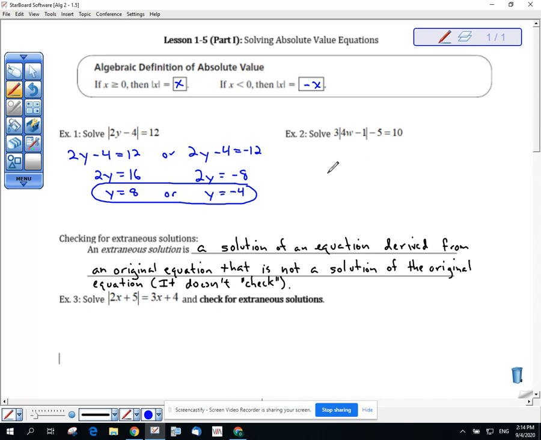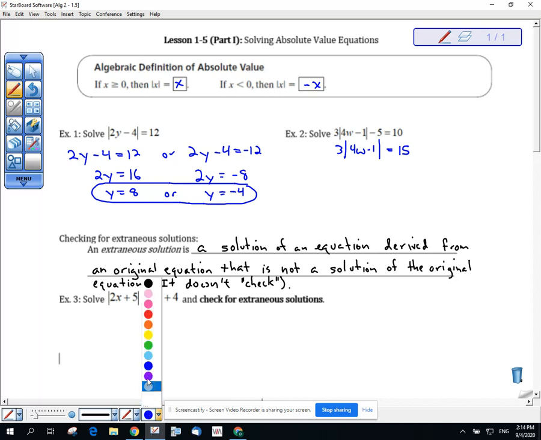Now, in order for this to happen, it was because the absolute value was isolated in the equation. So as I look at example 2, we can't do the steps that we did here until we first add 5 to both sides and divide both sides by 3. I'll do that real quick. Add 5 first. You're going to have 3 times the absolute value of 4w minus 1, and then we added 5 to both sides, so this is 15.